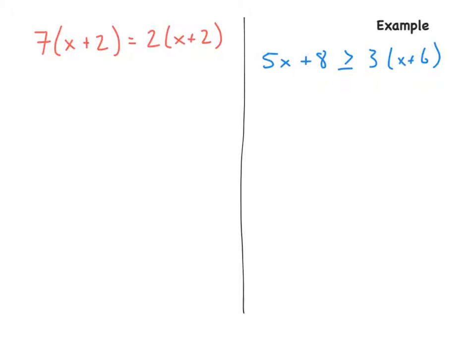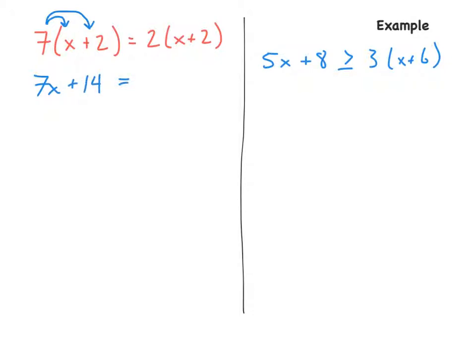If we have 7 times the quantity of x plus 2 is equal to 2 times the quantity of x plus 2, let's first simplify the left side of the equation. Since we have a number next to parentheses, automatically do the distributive property. So 7 times x is 7x, 7 times 2 is 14.